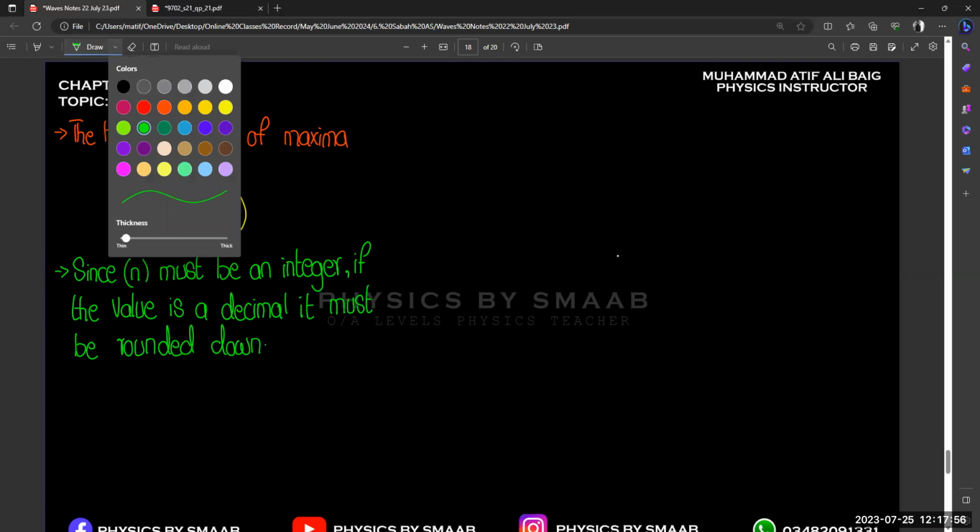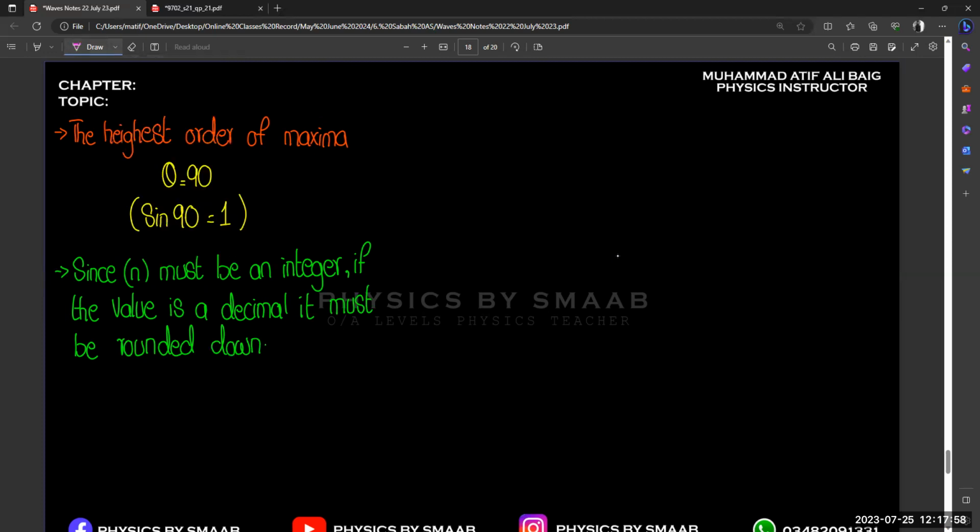For example, let's suppose we calculated n, which is 2 point something. So we need to round down like this. n is equal to the highest order visible.